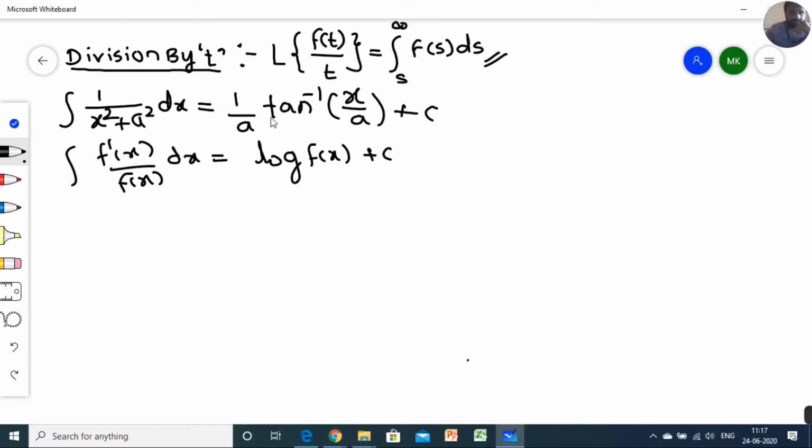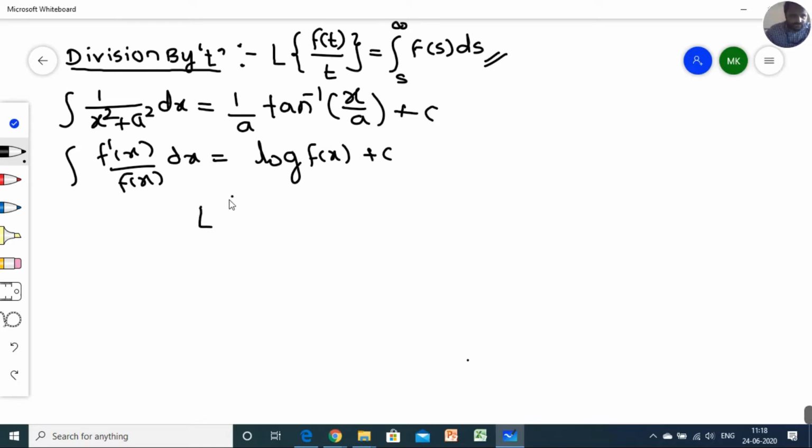Now I cleared these two concepts because in the division by t theorem, when you have to calculate the Laplace transform, the function must be in terms of sine and in terms of cosine. Let me clarify this.